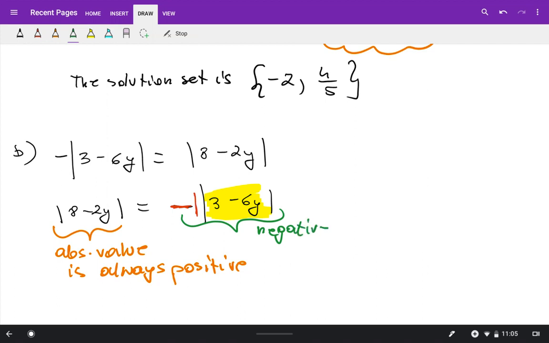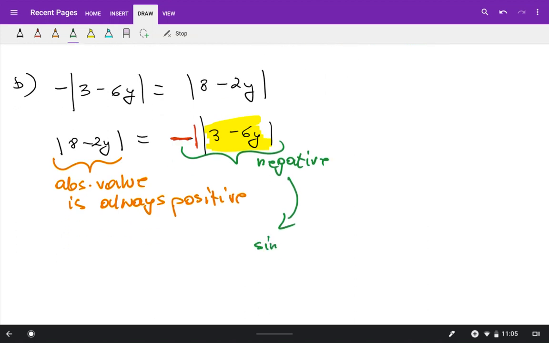It doesn't matter right now what the variable will be. Again, the absolute value expression is positive. Positive answer multiplied by that negative number will give us negative. So absolute value is always positive. Since the right side is negative, there is no solution.